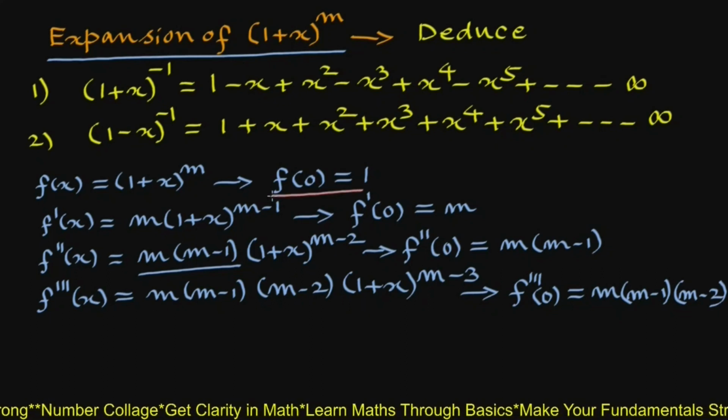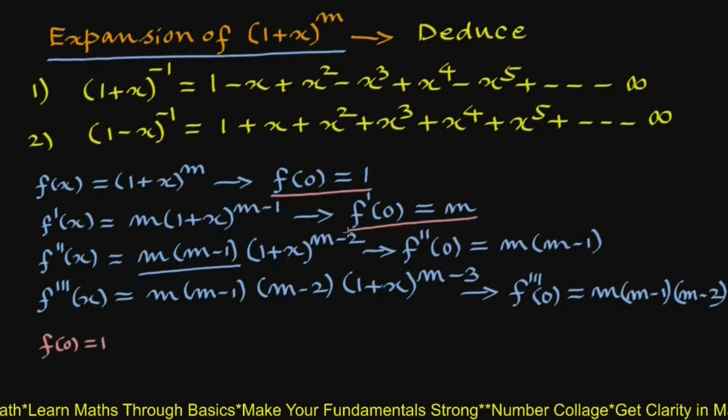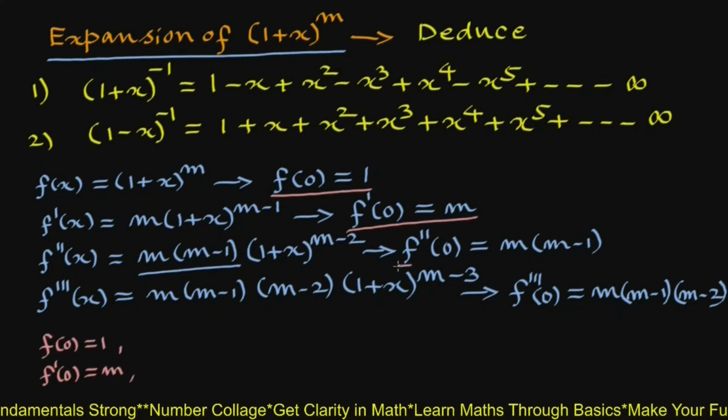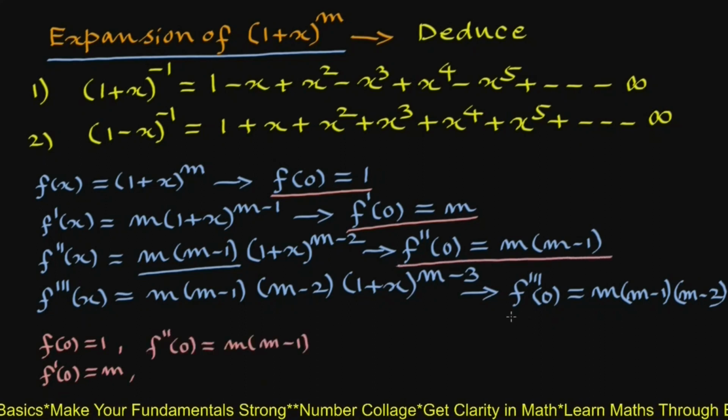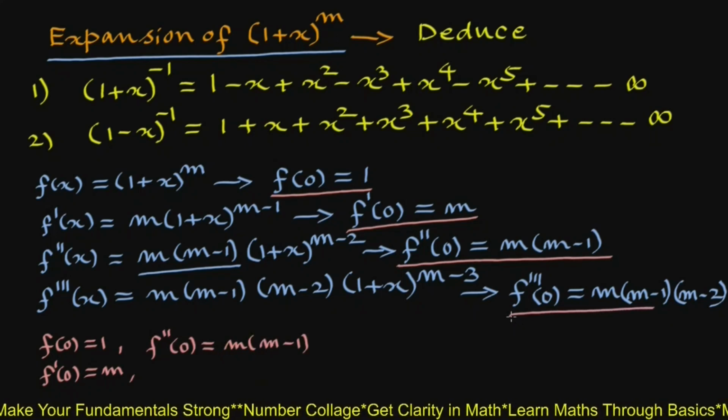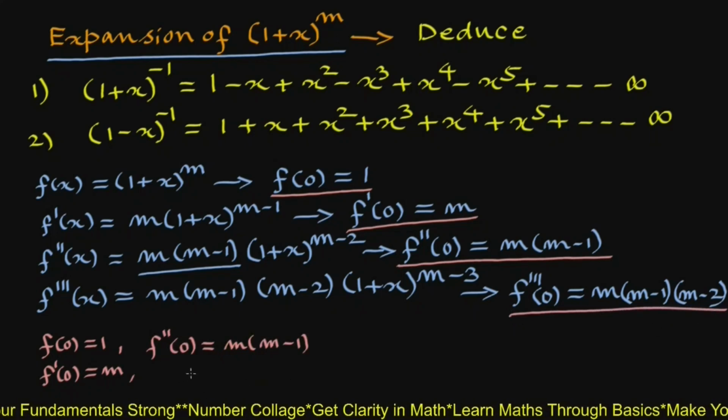Now we have f(0) = 1, f'(0) = m, f''(0) = m(m - 1), f'''(0) = m(m - 1)(m - 2), etc.